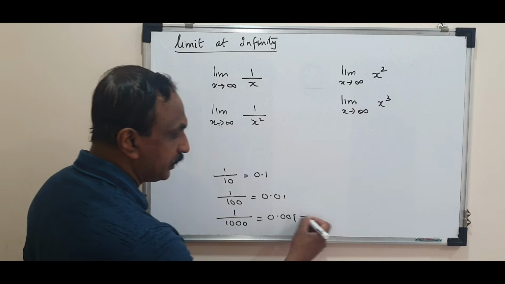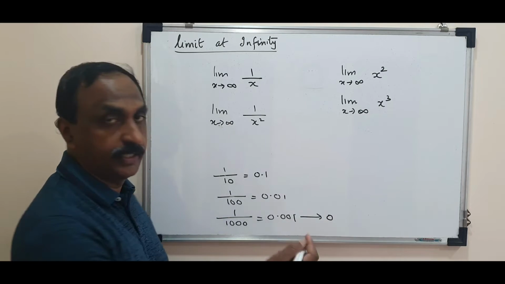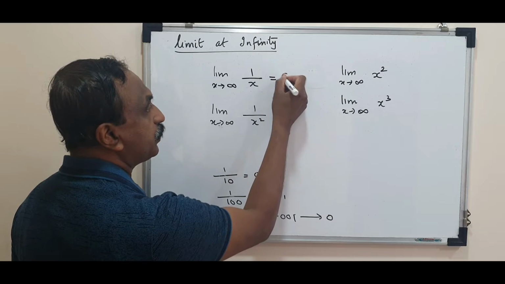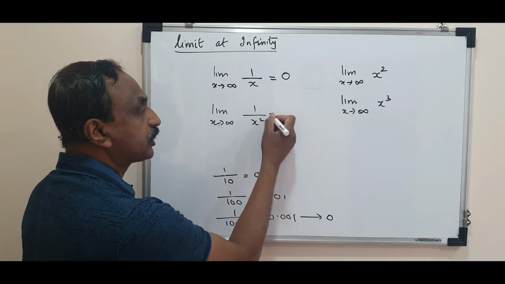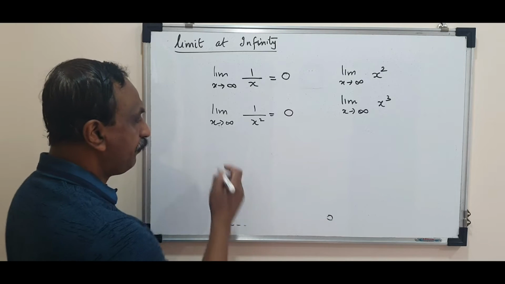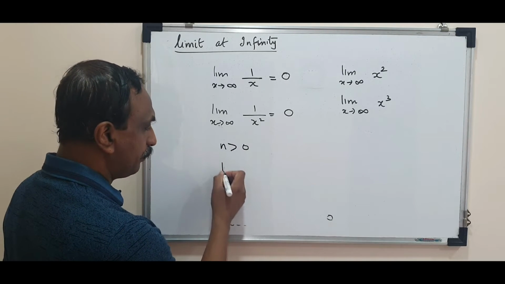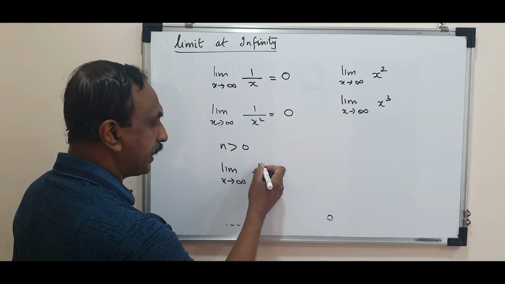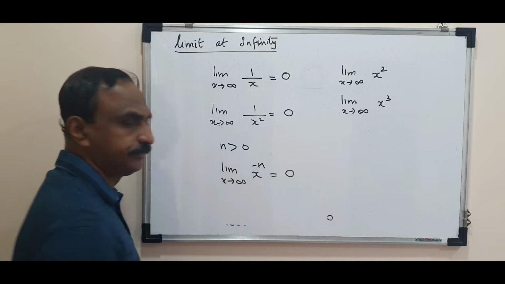So I can say this is tending to 0. So when x tends to infinity, 1 by x will tend to 0. 1 by x square also will tend to 0. So my conclusion is, if n is a number greater than 0, limit x tending to infinity, x raised to minus n will be 0.